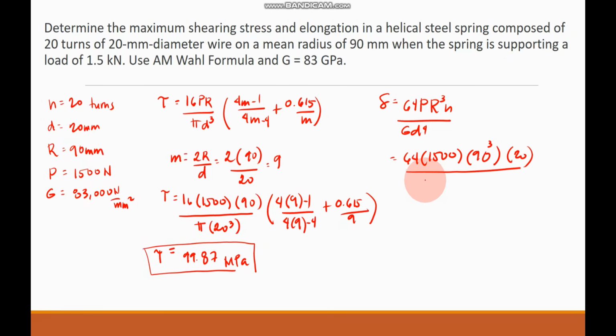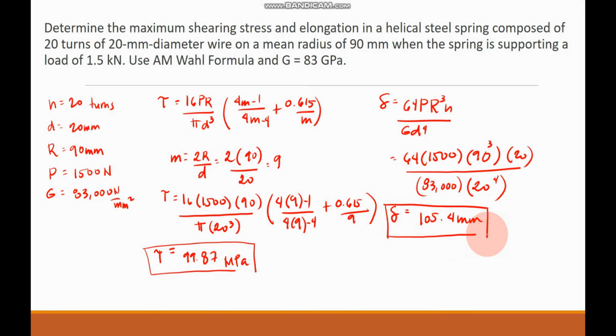Yung G natin is 83,000 megapascal. d raised to 4 or 20 raised to 4. So the elongation is now equal to 105.4 millimeter. So this would be the elongation of the helical spring.